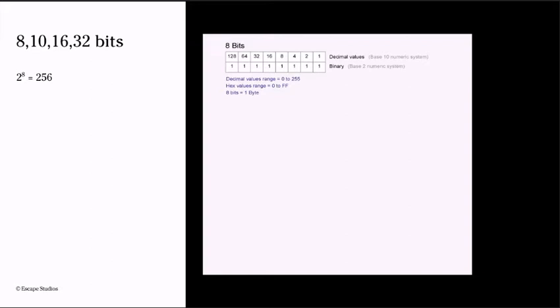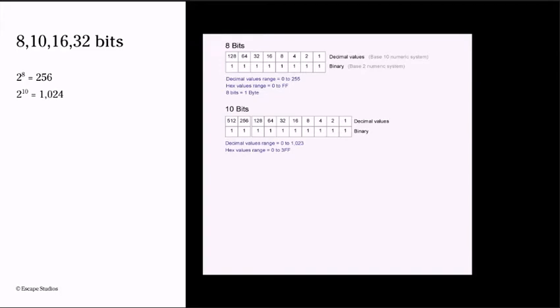Okay, now let's look at this 10-bit image. Now with each extra bit of information that we add to our channel, we get a power of 2 increase. So 2 to the power of 10 gives us our 10-bit channel with 1024 available colours. And this increases so on.